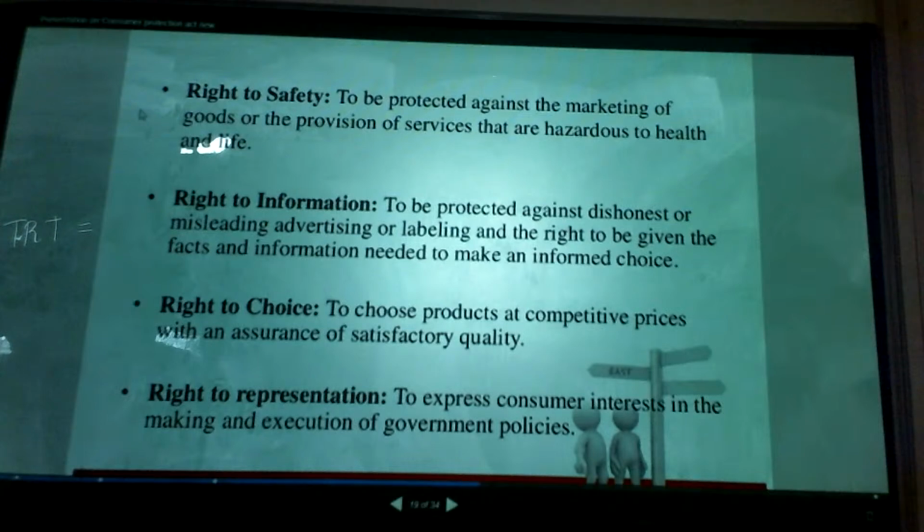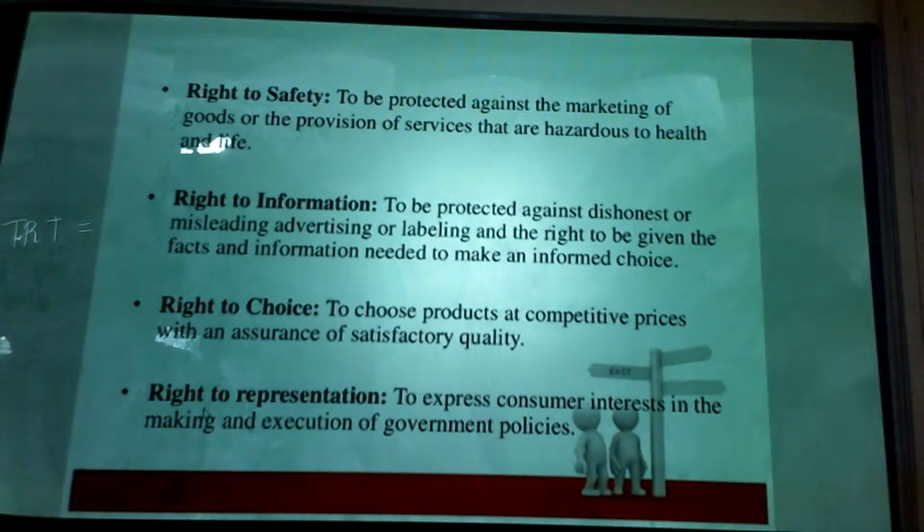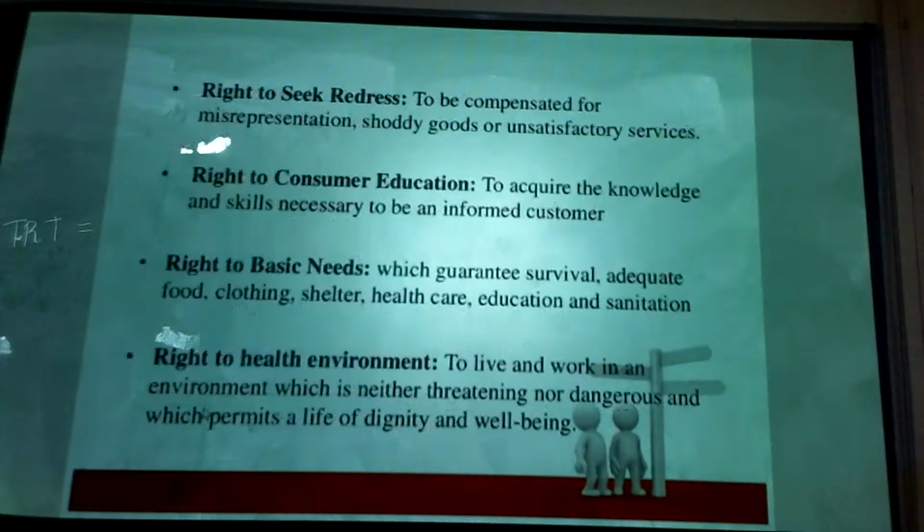Next, right to choice. Whether on price basis or quality basis, you have the right to choose the product. And next is right to representation, meaning to express the consumer interest in making and executing government policies. Whatever you want to express, you have to represent it. Next, right to redress, to be compensated for misrepresentation, shoddy goods or unsatisfactory services.